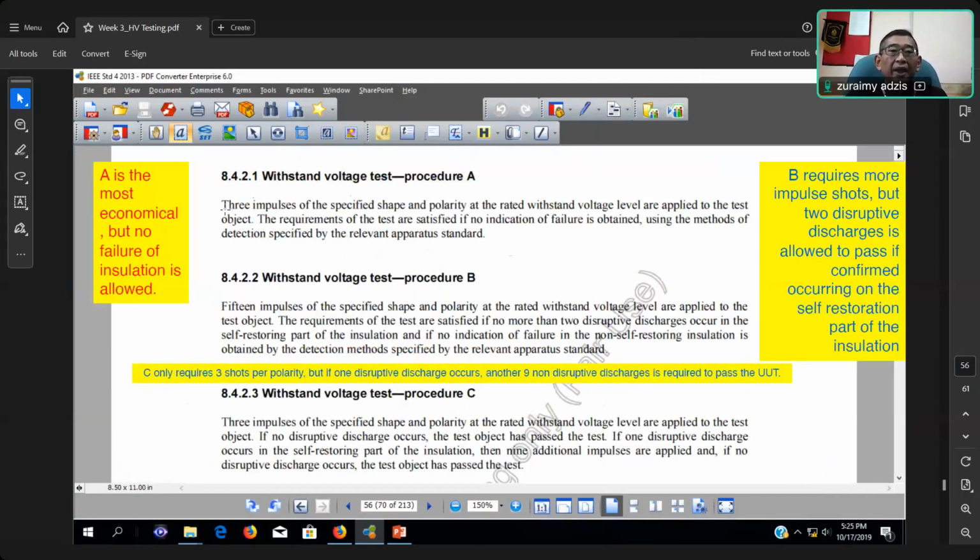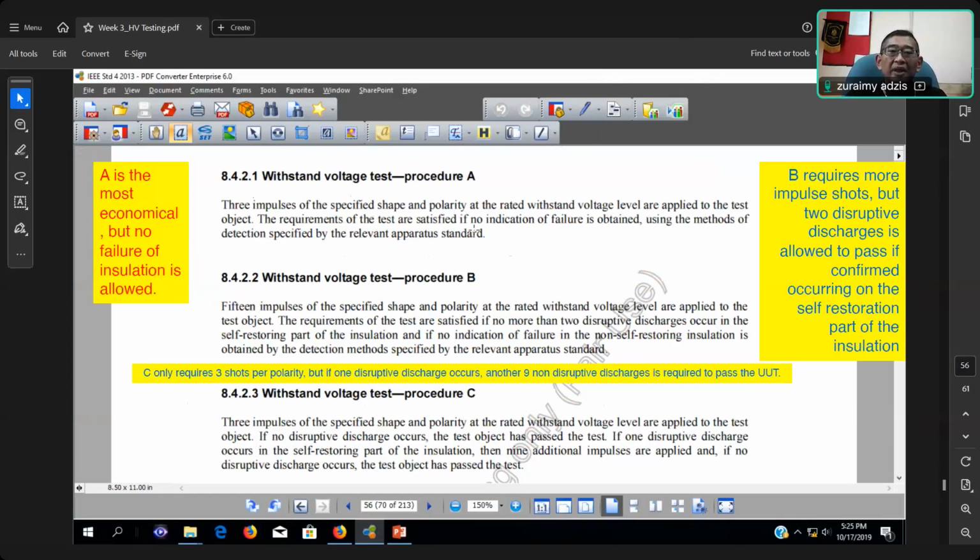Now, procedure A is the most economical. Let me read to you the yellow box. But no failure of insulation is allowed. Why? 3 impulses of the specified shape and polarity at the rated withstand voltage levels are applied to the test object.